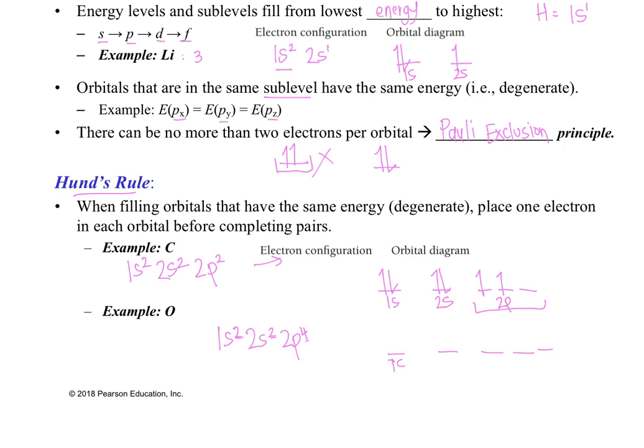We have 1s, 2s, 2p, and we're going to fill up our 1s, 1, 2, fill up our 2s, 1, 2, and then we're going to do our p. So for Hund's rule, we're going to fill up all the way half filled, 1, 2, 3, and now that we have one more, we'll come up and pair the last one. So by spreading out across each of those orbitals, you're allowing the electrons to spread out, and then only when necessary, you'll go back up and pair.